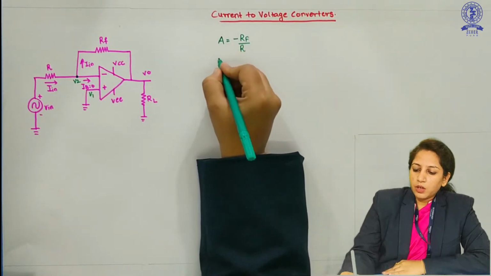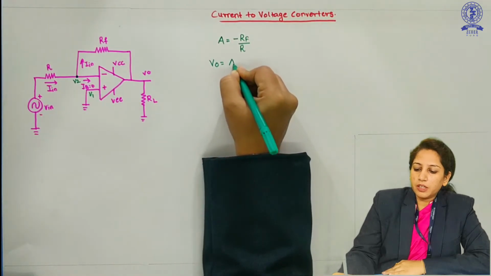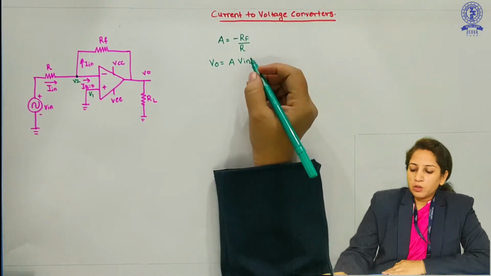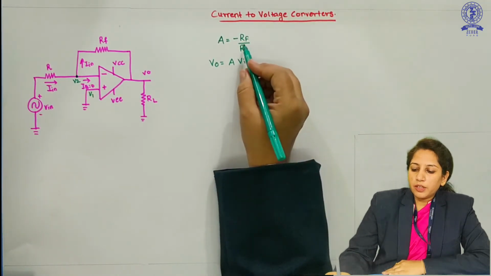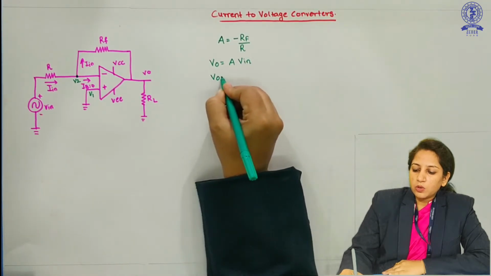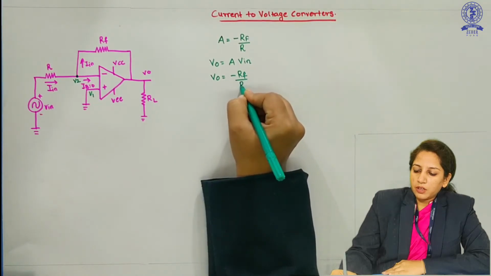Now output voltage V0 is nothing but gain times input voltage. So I will substitute this value of gain into this equation. V0 is equal to minus RF upon R into V in.